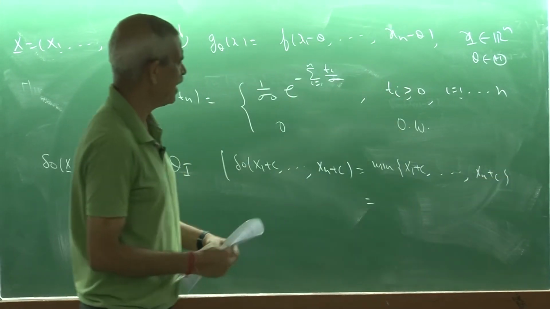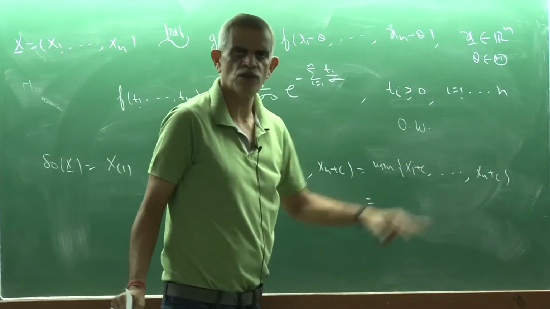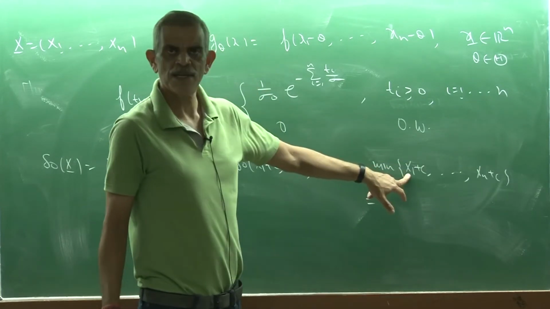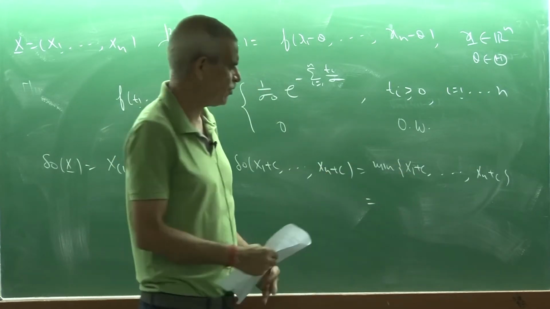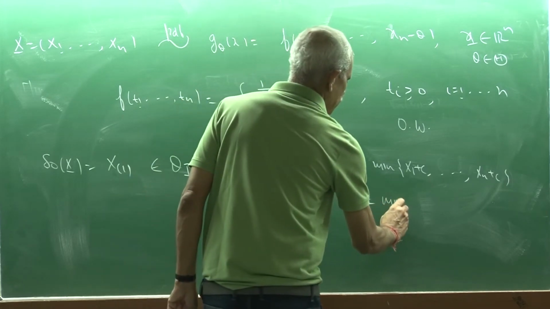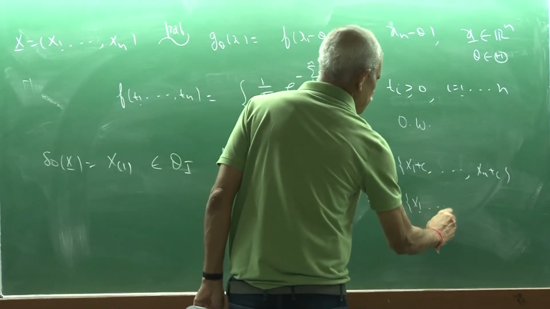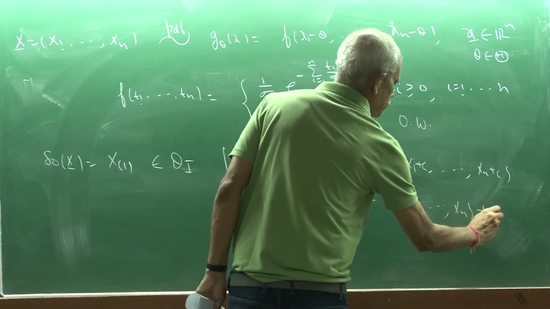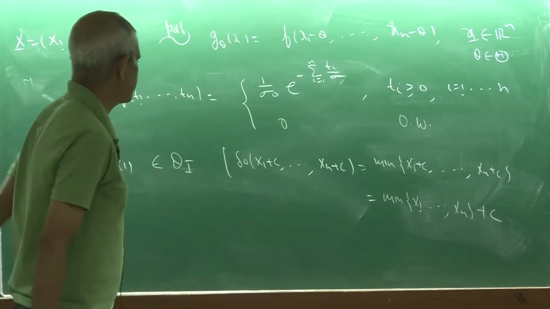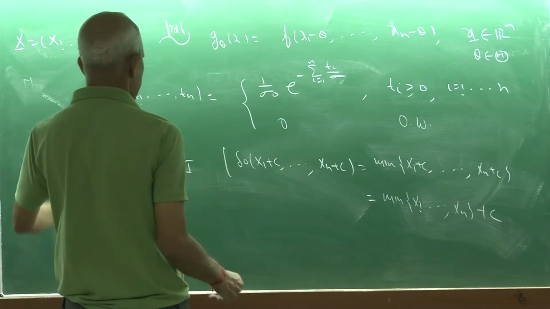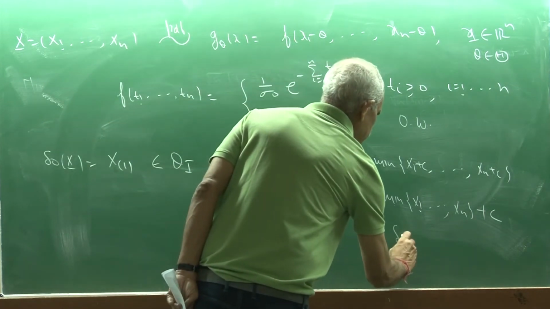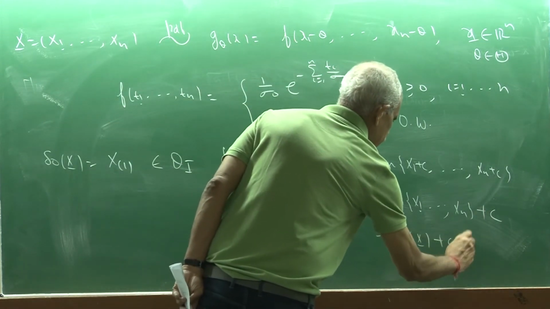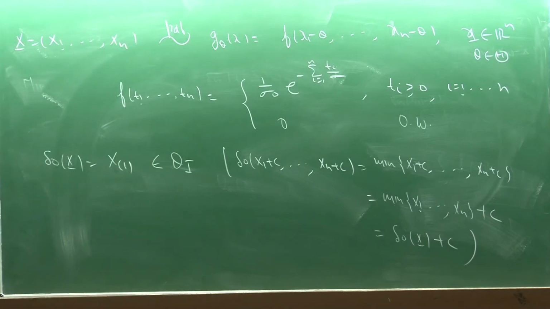Which is the same as saying that I first take the minimum, because c is common to all of them. So first I take the minimum of x1, ..., xn and add c to that, but the minimum of x1, ..., xn is the same as delta naught x. So it is certainly invariant.